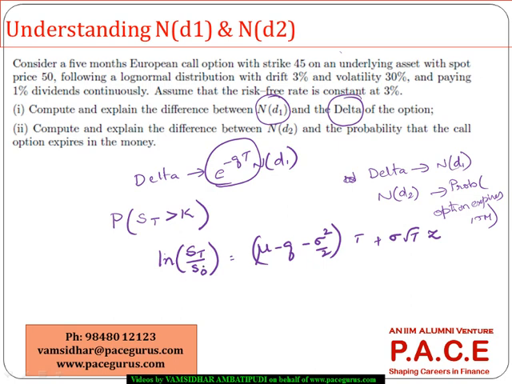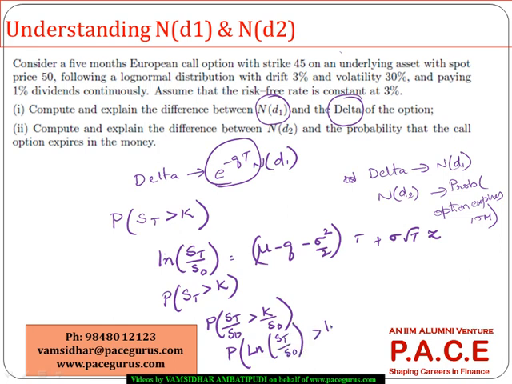So if I want the probability of ST greater than K, it's as good as saying the probability of ST/S0 greater than K/S0, or the probability of log(ST/S0) greater than log(K/S0). Substituting directly, (mu minus Q minus sigma squared by 2) times T plus sigma root T times Z is greater than log(K/S0).